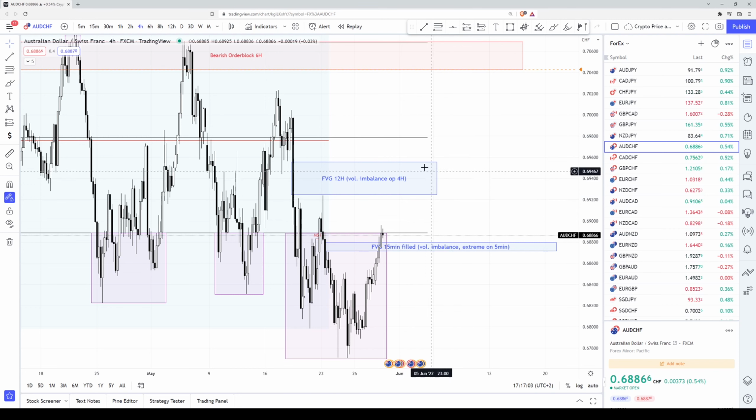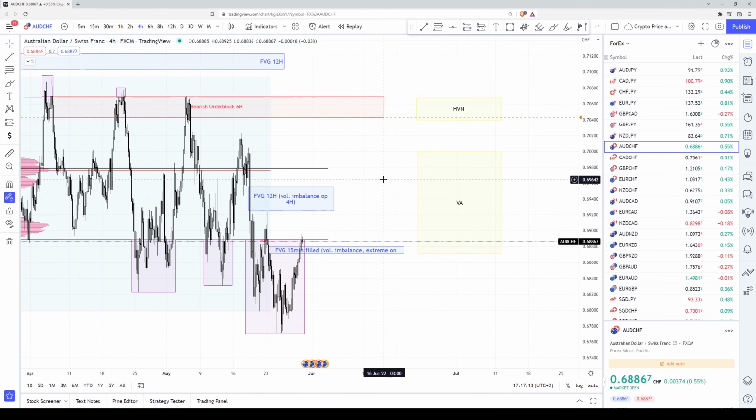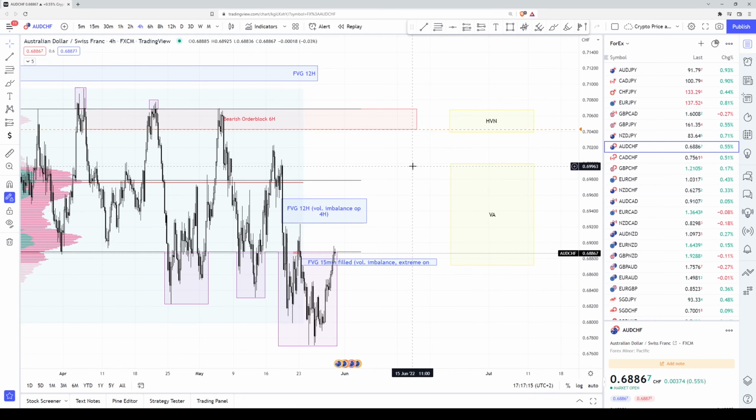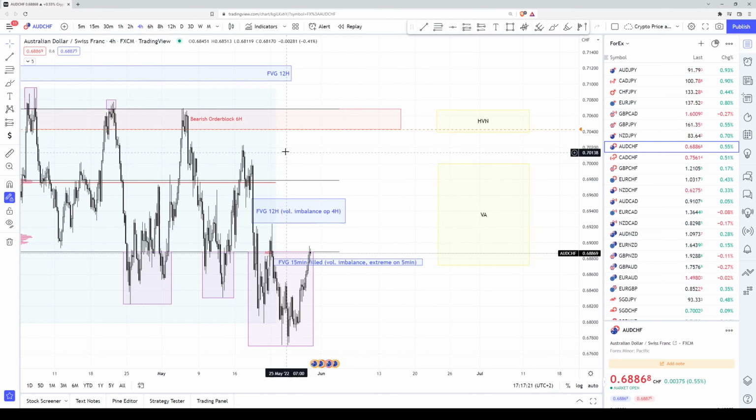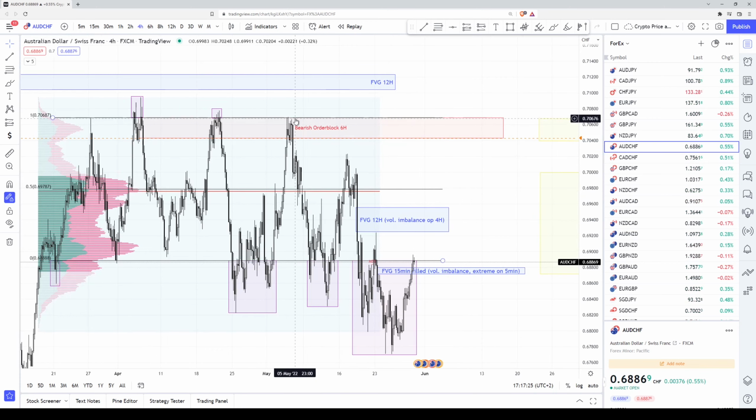So this fair value gap might get filled, especially since there is a volume imbalance on the 4-hour time frame. And another thing is that price may move until the value area high and or to the point of control. If we look at the 2 previous local tops, we see that while the third one did move to the bearish order block, the last one did not do that at all.